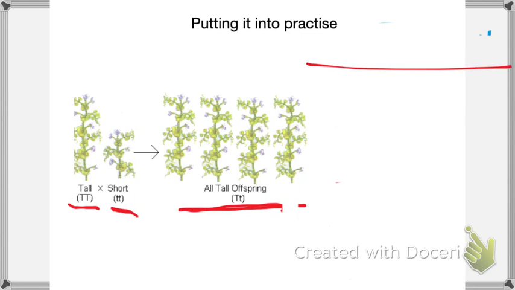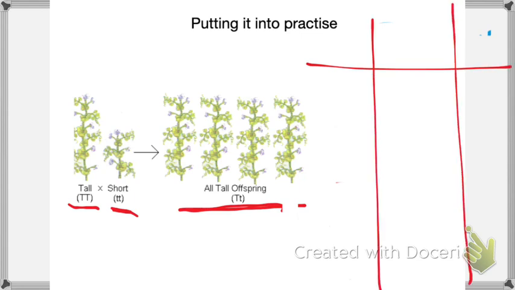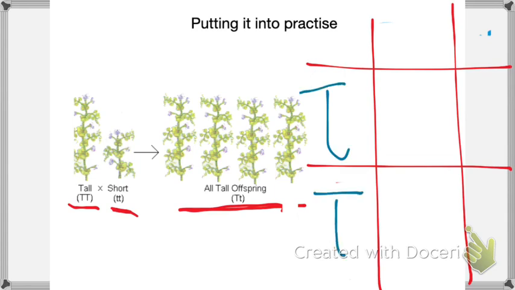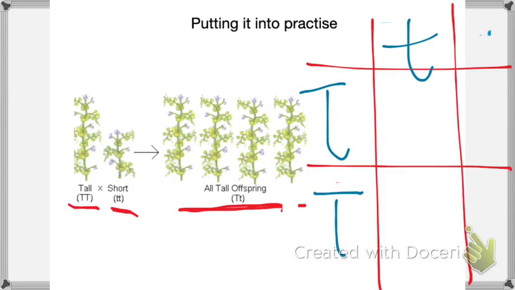So we are crossing them. Let's say the first parent was the parent with the tallness, the tall pea plant, and the other is the short pea plant, all right?